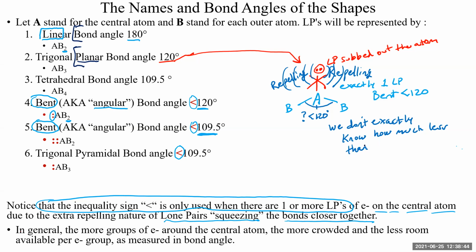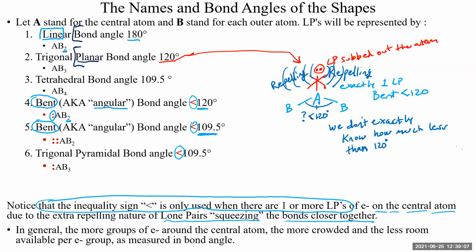You don't make up numbers if you have no basis for them. That's the difference between science and, I don't know, business. You don't make up the numbers and then go to jail for embezzlement. We don't exactly know how much less than 120 the bond angle is. So because of that, we simply say less than 120.